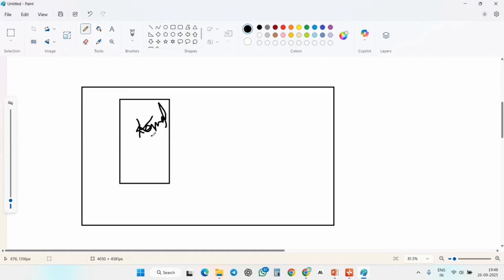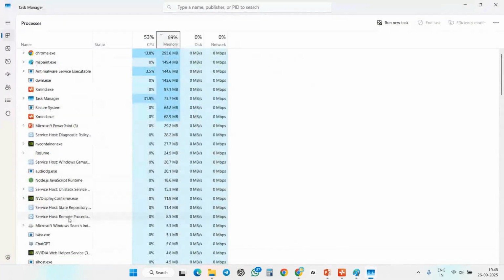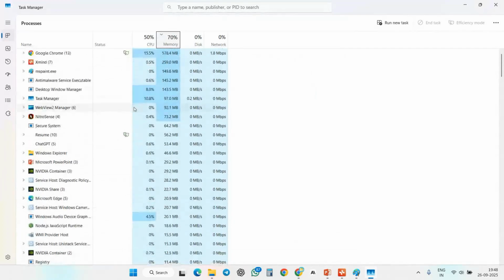If you look at the task manager, as we already discussed, it shows how tasks have been allocated. If there are multiple tasks, how much processing capability each task gets, how much memory each one needs to be allocated, and how much network each and every task requires.